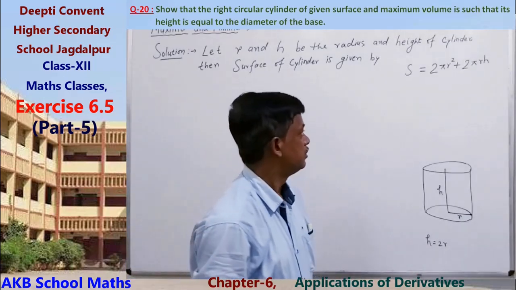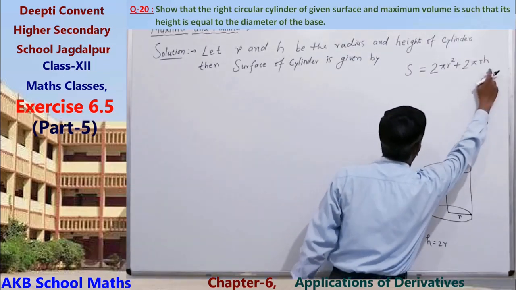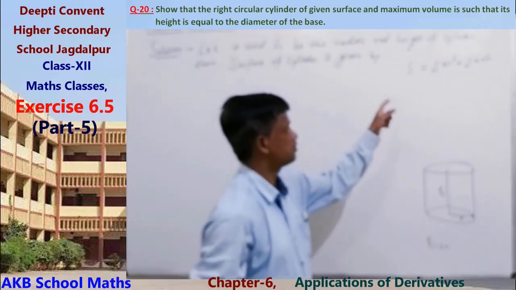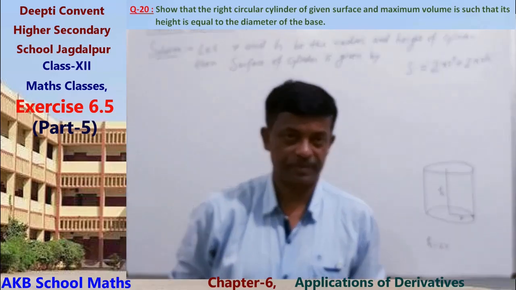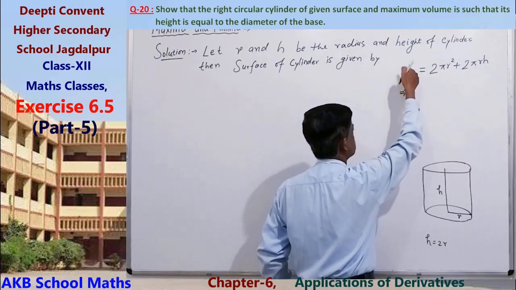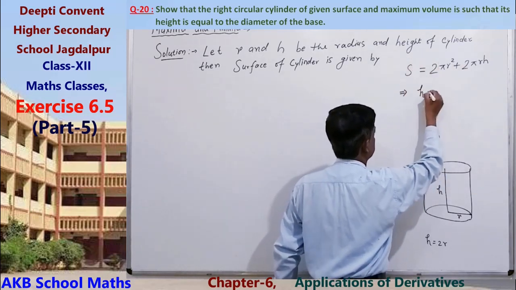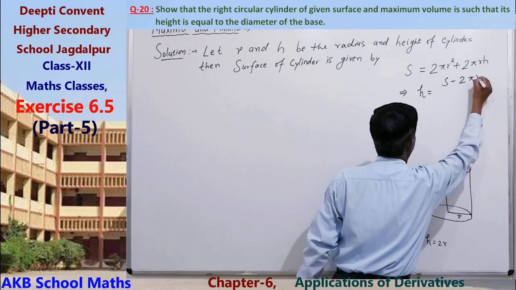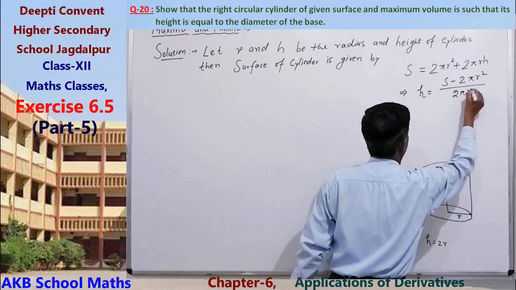Clear? 2 pi r square plus 2 pi r h, because there are two circular faces, so pi r square plus pi r square, and the curved surface is 2 pi r h. Now S is given, so it will be constant, and here we can write h equals S minus 2 pi r square upon 2 pi r.